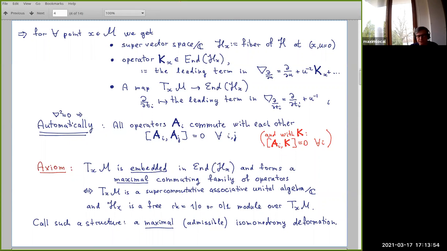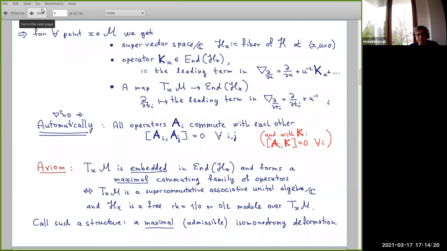Okay, so we call such a structure a maximal admissible Saito-Frobenius-type deformation. Sometimes I mean admissible, so it's a maximal deformation. And presumably it means that in my deformation I cannot include a non-trivial larger one. I think it follows from the axiomatics, but I didn't check.